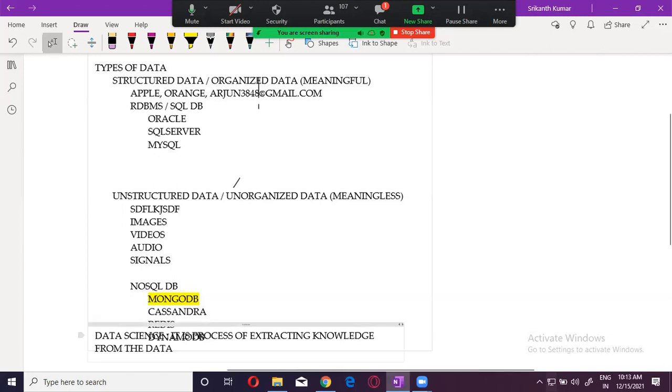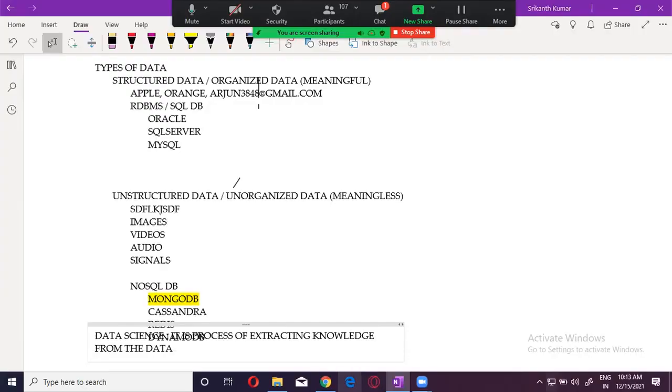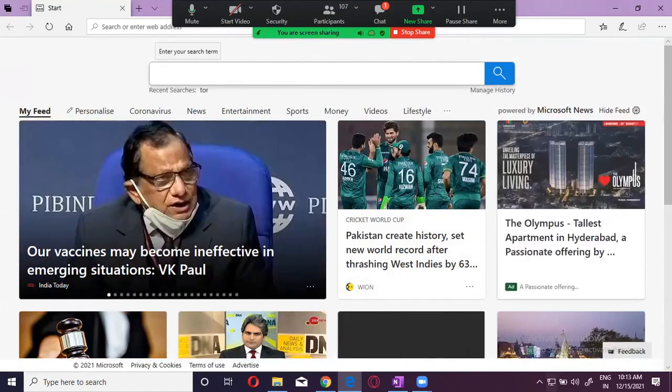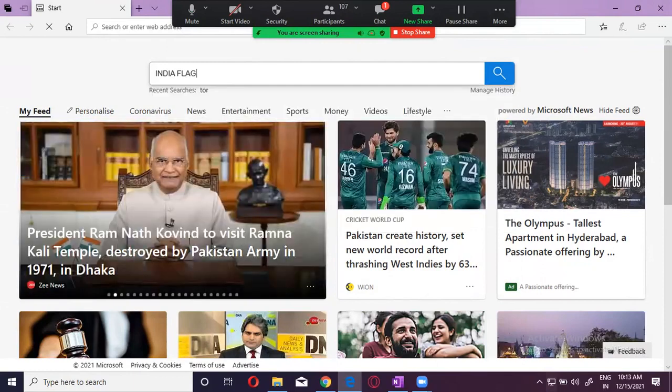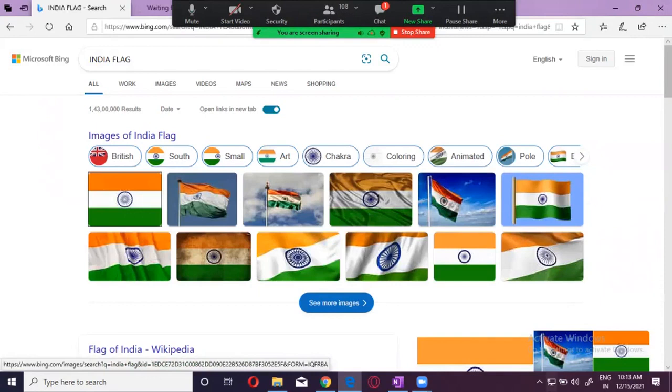Now I will show you a simple example. Let me show you how an image can be called an unorganized one. I will take the India flag. Let me search for this. Yeah, I got a flag over here.